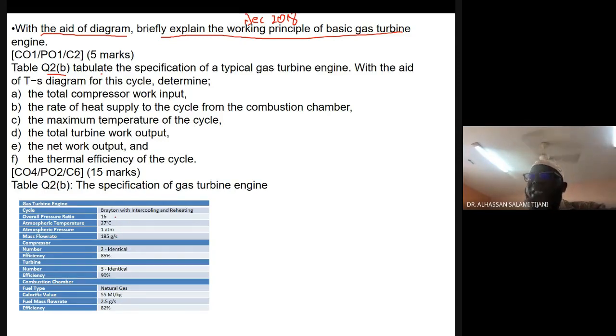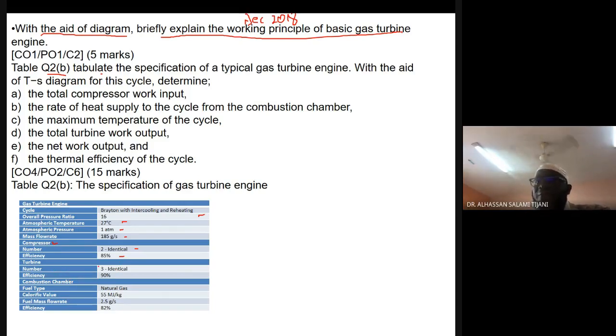So overall pressure ratio is given by this, and atmospheric temperature is this, and pressure is also given. Now the mass flow rate of the fluid is given, and we have the properties for the compressor. There are two compressors, identical, and their isentropic efficiency is given.